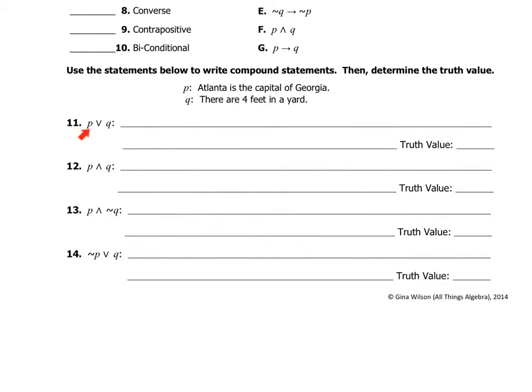So this is P or Q. Number 12 is P and Q. 13 is P and not Q. And 14 is not P or Q. So you want to write the statements out using these two sentences. Okay, and then determine. Just kind of think about it in your head. Use common sense. Is this true or false? Again, use your notes as help.